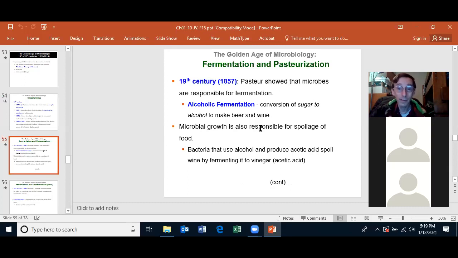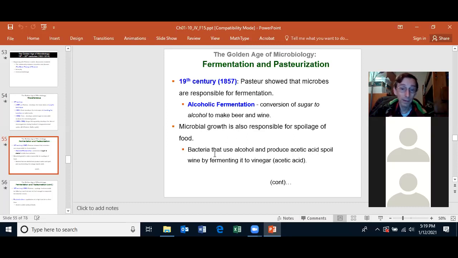He showed that microorganisms convert the sugar in the liquids into alcohol, which makes the beer and the wine. And then he further showed that other microorganisms growing in the beer and the wine are responsible for spoilage of the beer and the wine.